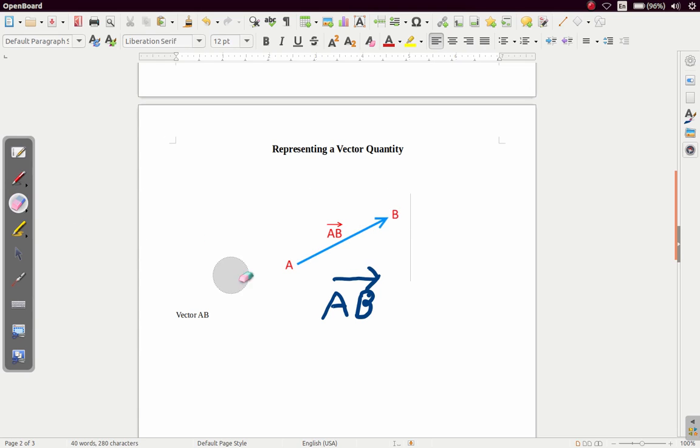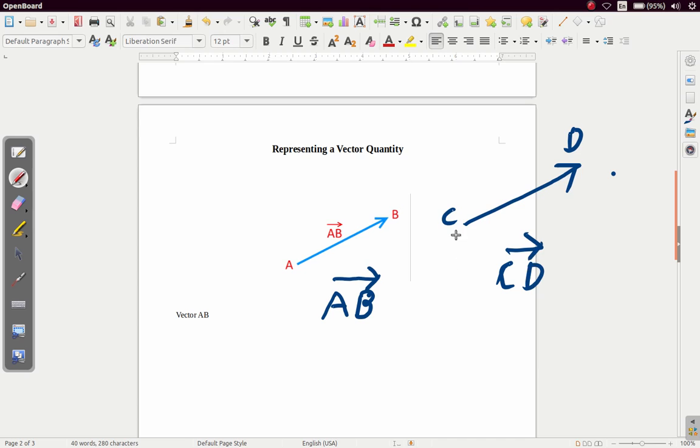And you give this vector a name. Instead of drawing the vector every time and rewriting the A and the B at the ends, you just say AB. Of course, if you have a different vector somewhere that you drew like this and say this is CD, you can call this vector CD with the arrow at the top.